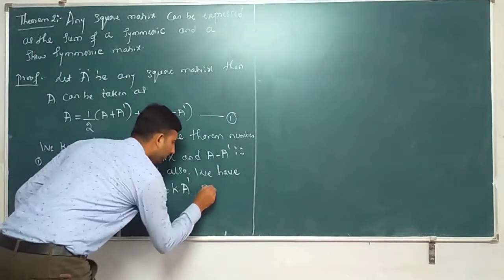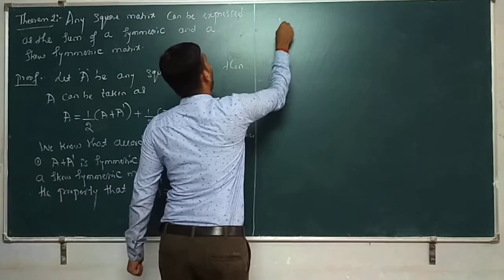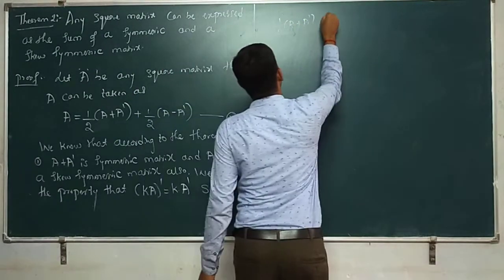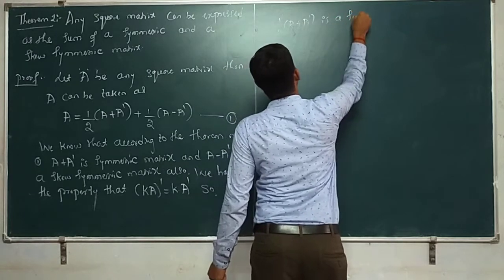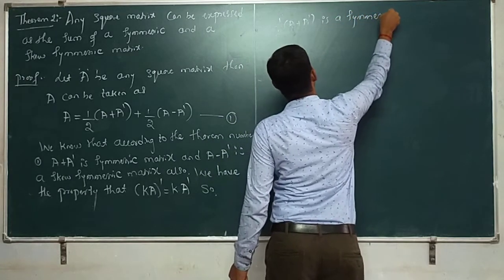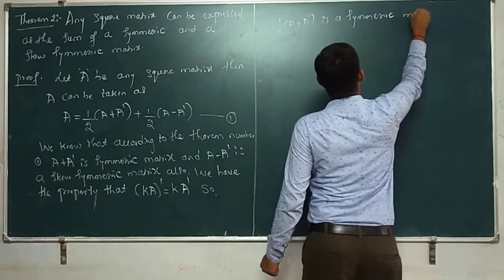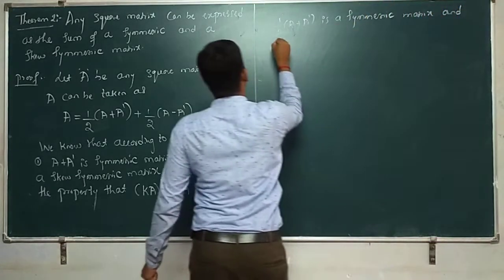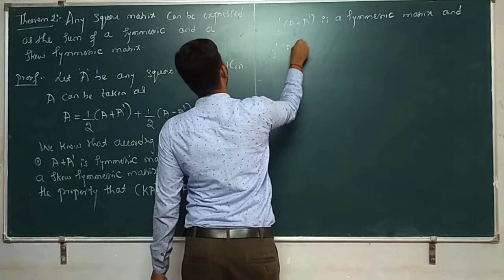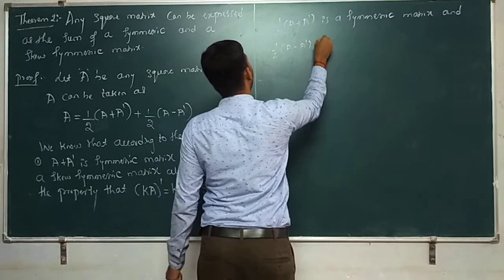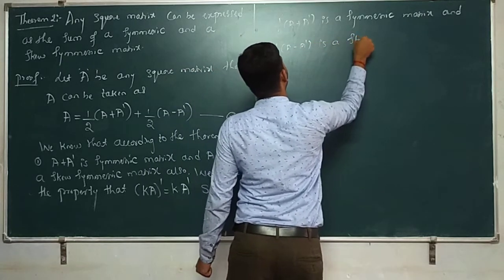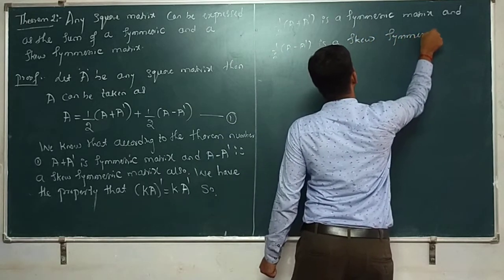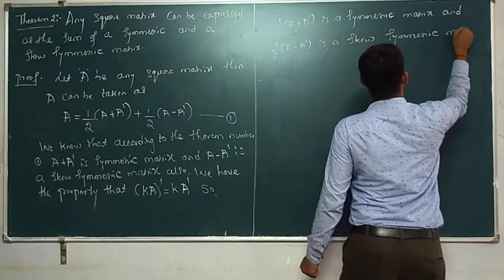So, 1 by 2 times A plus A dash is a symmetric matrix, and 1 by 2 times A minus A dash is a skew symmetric matrix.